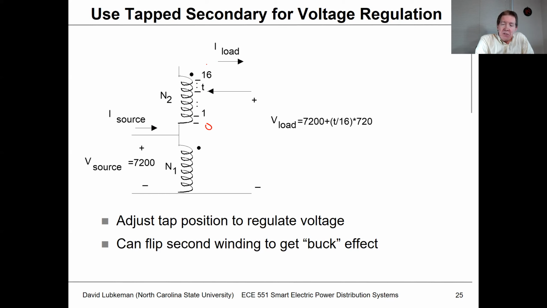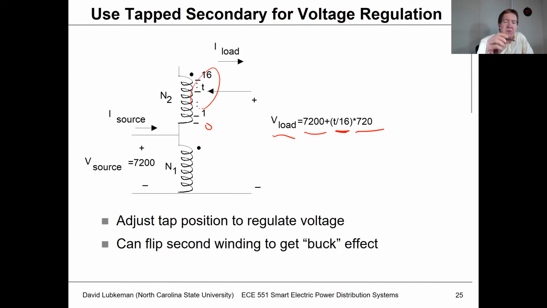And so what this means is if I neglect the voltage drop across the windings, then the load voltage is going to be the source voltage, which in this case is 7,200 volts, plus the tap position divided by the total number of taps times 720. All right, so I can see what happens with tap equal to 8 or tap equal to 16 or tap equal to 1, etc. So basically, by adjusting this mechanical position, I can get an adjustable voltage.